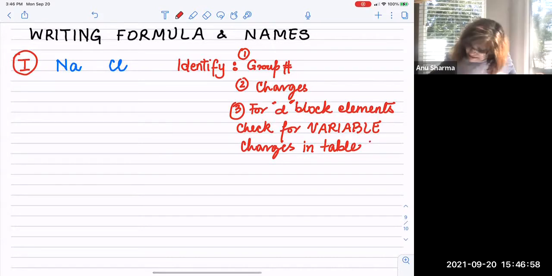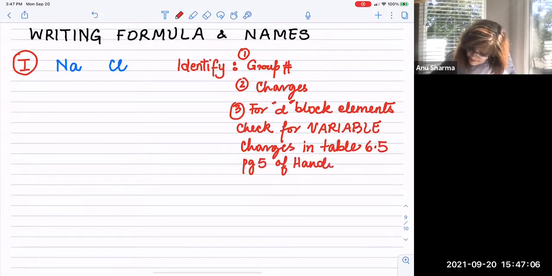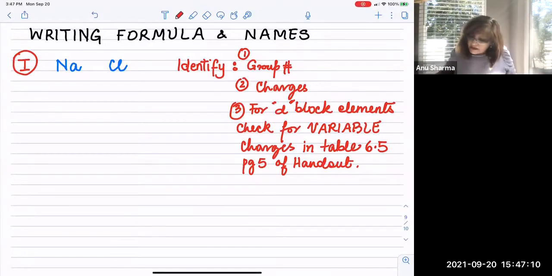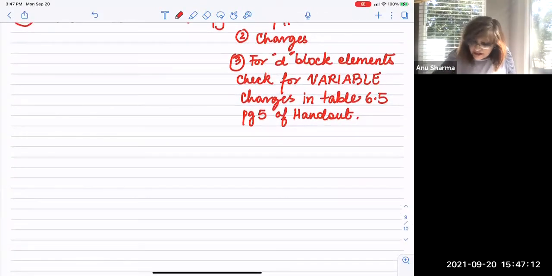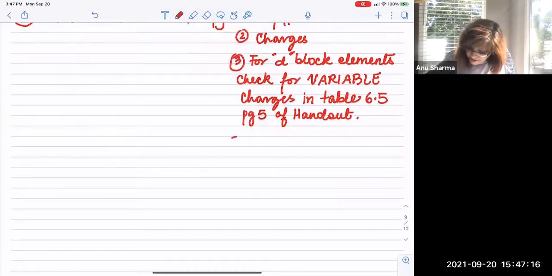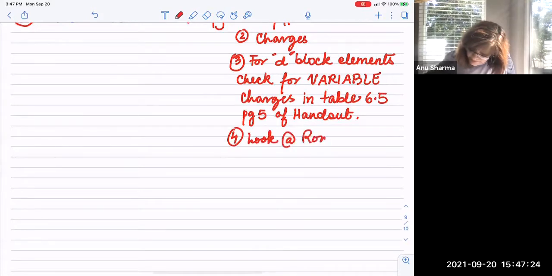You should be adding this on your own, because that is going to give you the oxidation state. Then number 4 is look at the Roman numeral.